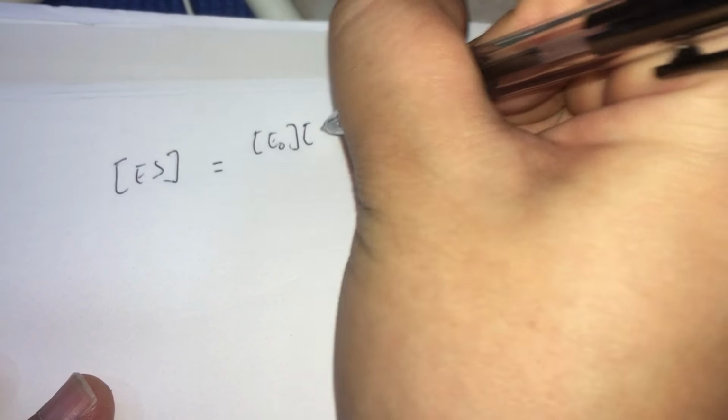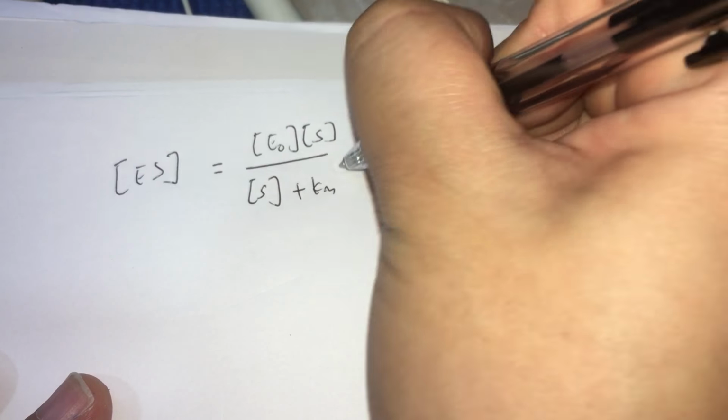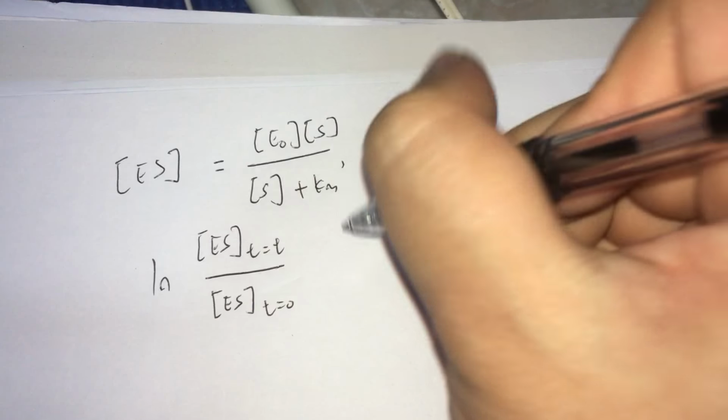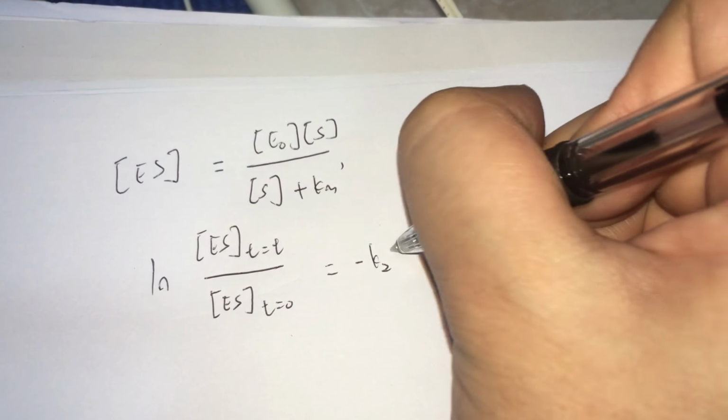Okay, so next step, let's just do the substitution. ES equals E naught S plus Km prime rather, and then we have this ln of ES at t over the initial concentration of ES equals minus K2 t.